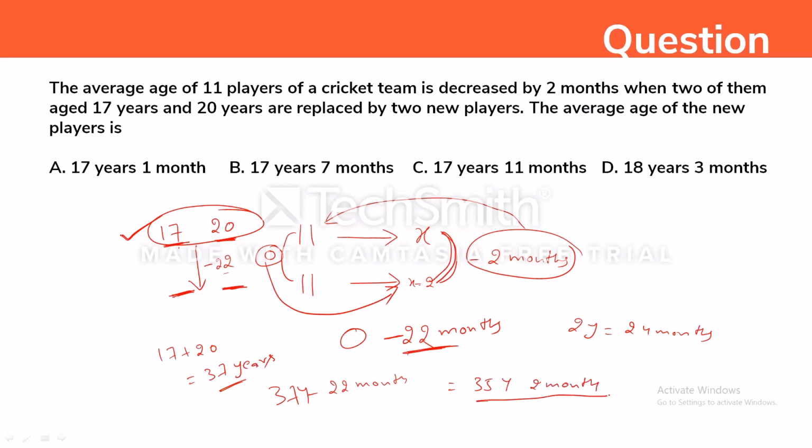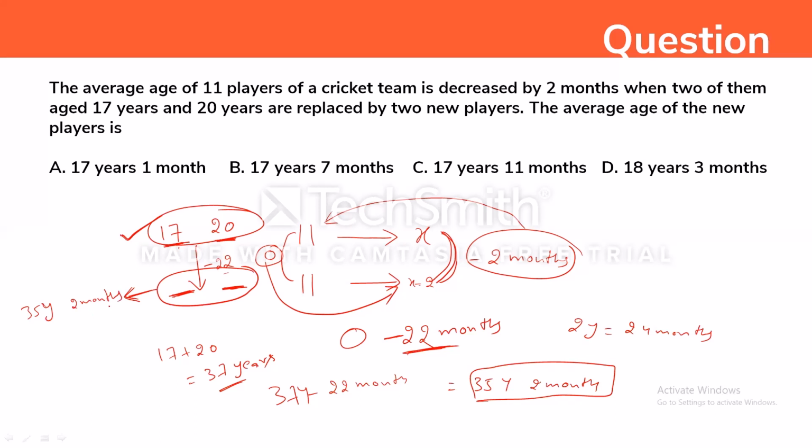What is this 35 years 2 months? It is the sum of the ages of the two new players: 35 years 2 months.